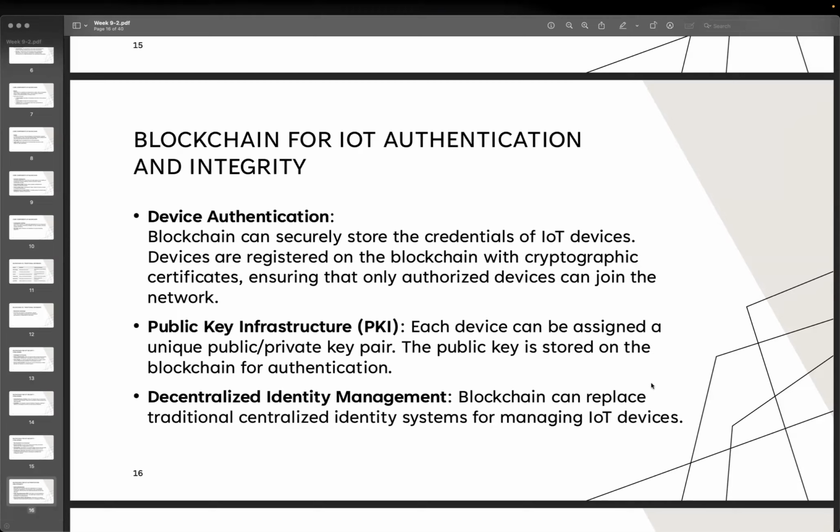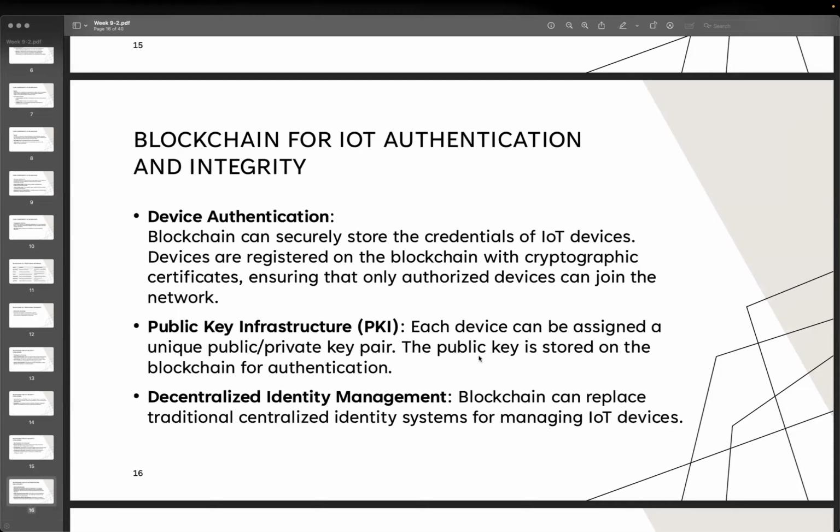So I can say, here's my login information, here's my key. Because the public key is stored on the blockchain, I can ask: I have my private key, can you match it? Yes, then I can log in like this.